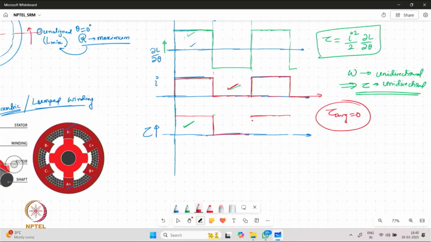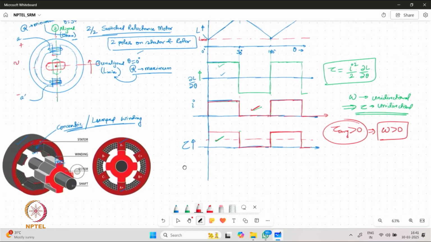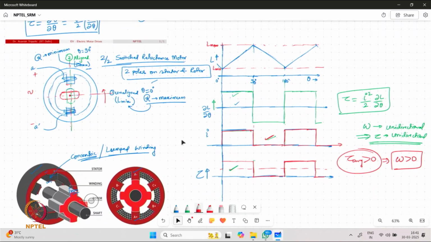Though it is pulsating, on an average the torque is going to be positive, which would imply that we can have a positive value of mechanical speed generated in the system. So this is the fundamental principle which is followed for operation of SRM.